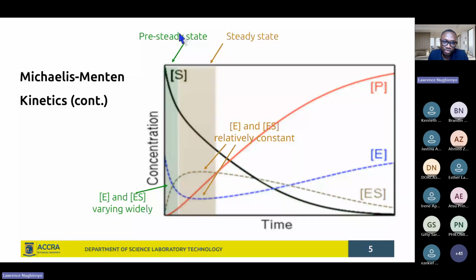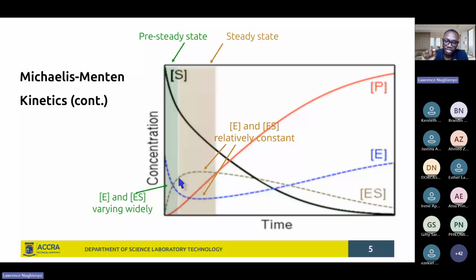Then you come to the brown region, where, when we were looking at the influence of substrate concentration curve, we said that you reach saturation of the enzyme such that any amount of substrate you are adding will not result in any change.